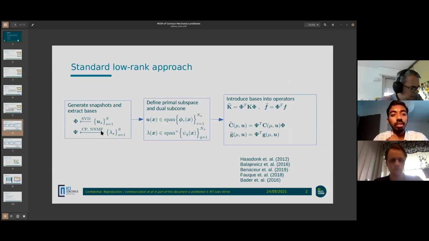Non-negative matrix factorization transforms the basis into something different, but still the number of columns in this basis corresponds to the number of snapshots that we have. And I use the cone projection method, and therefore I have the same number of basis vectors in phi and psi.